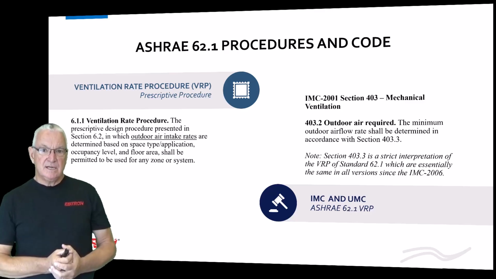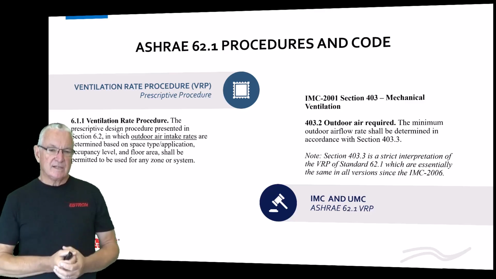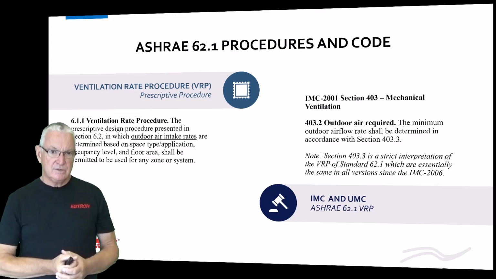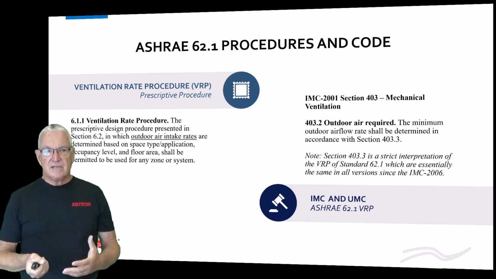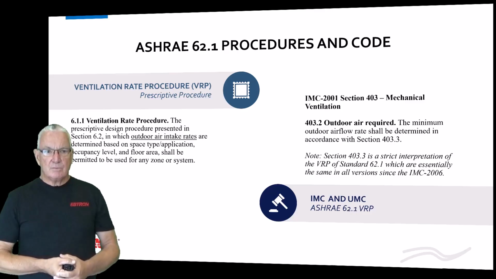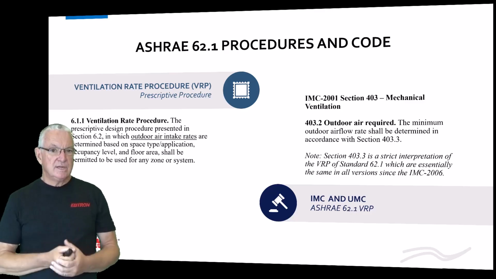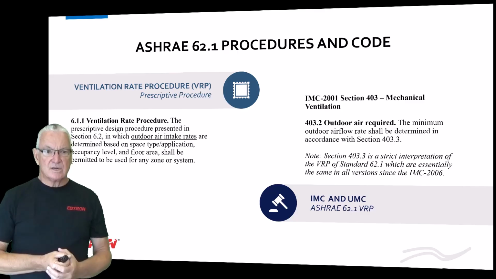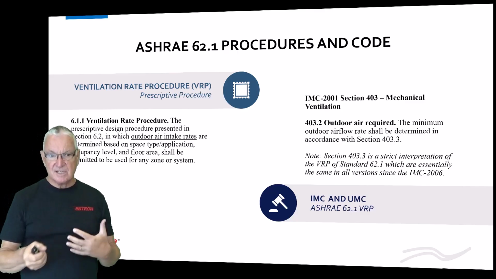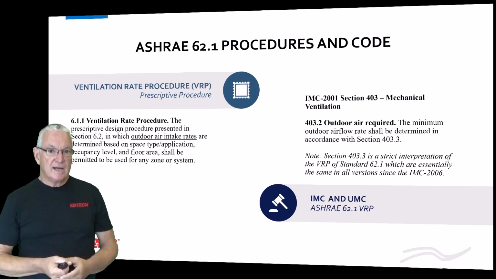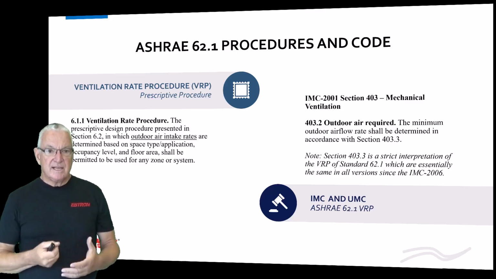The IMC is really based on the ventilation rate procedure, Standard 62. And so when you look at Standard 62, the ventilation rate procedure is a prescriptive design procedure, presented in Section 6.2, in which outdoor air intake rates are determined based on space type application, occupancy level, and floor area. Okay. That's basically how it is.